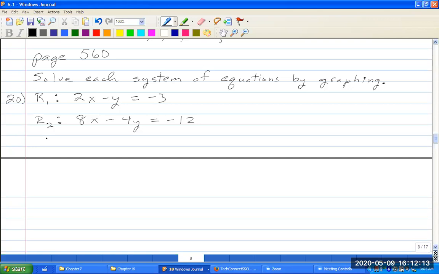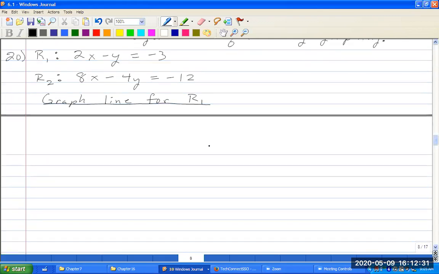So let's graph the line corresponding to the solution of R1. So let's subtract 2x from both sides of my equation.